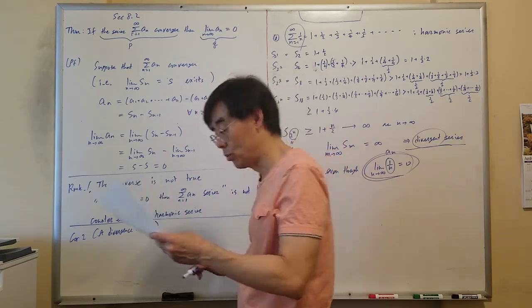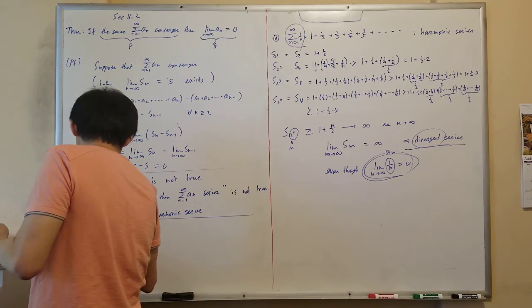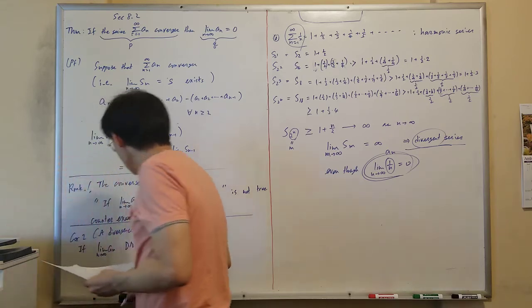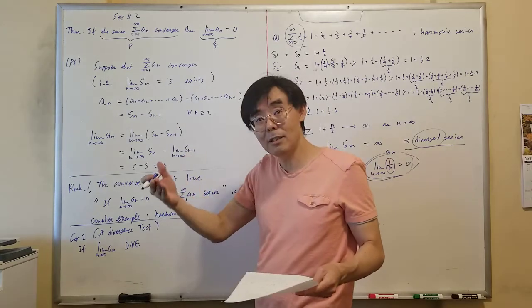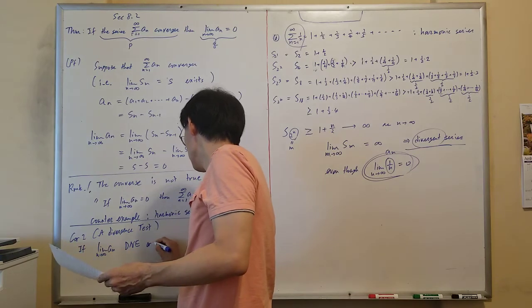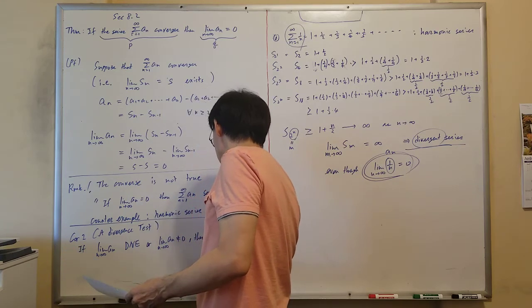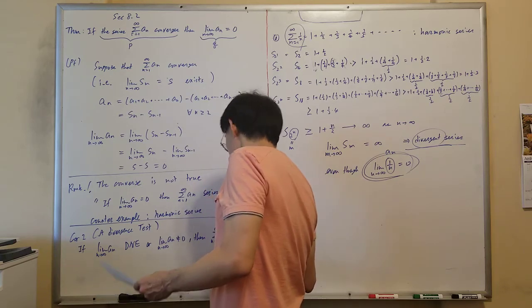Divergence test. So, the contrapositive of this one. If not Q, that means if the limit of a_n either does not exist, see? The negation, anything other than limit 0 means either the limit doesn't exist, or even though the limit exists, it's not going to be 0, right? Then the corresponding series diverges.